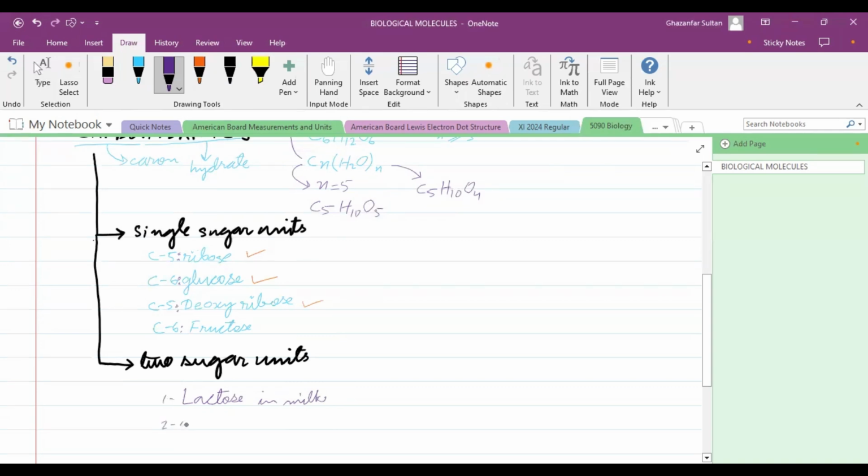Maltose is obtained when we digest our carbohydrate. After digestion of starch, we get it.